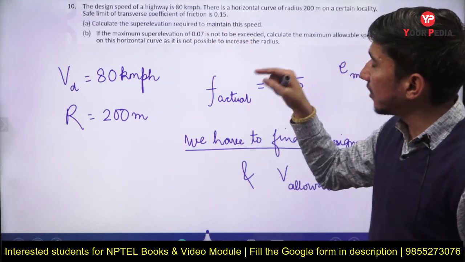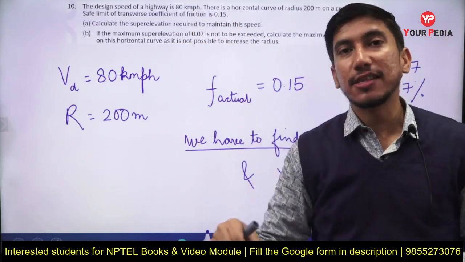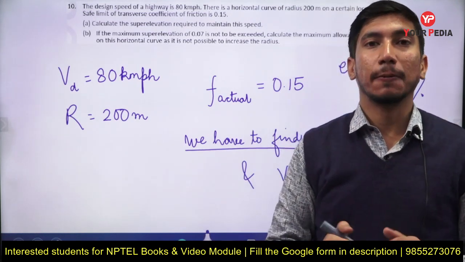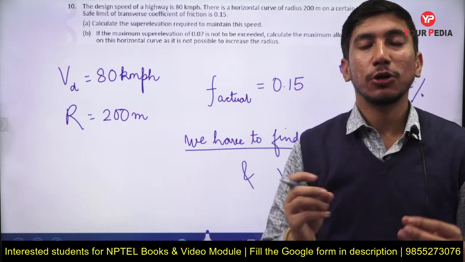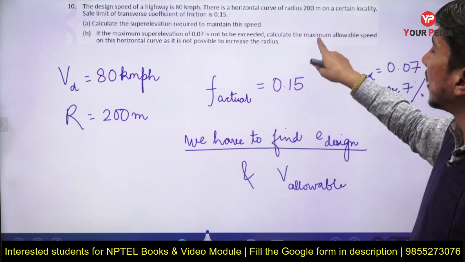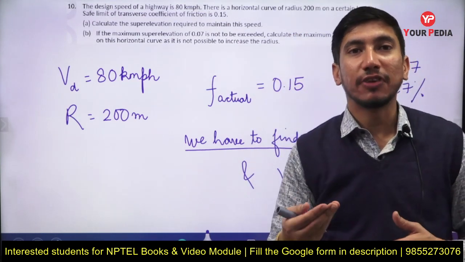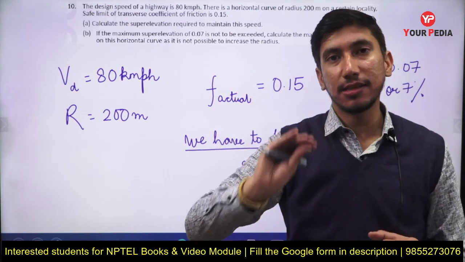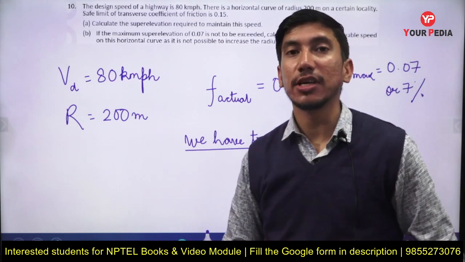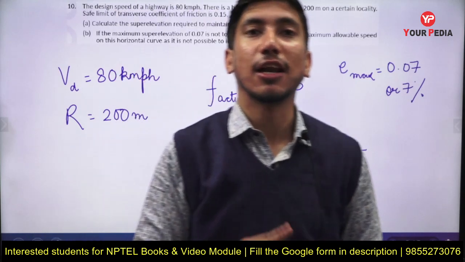And if we can't exceed the maximum value, this speed is now not safe on this horizontal curve, because the super elevation is not enough to prevent lateral skidding. So in that case, we need to find the maximum allowable speed on this horizontal curve. What is the maximum speed that can still be allowed by providing 7% super elevation? So these are the two things we have to find: the design super elevation and the allowable speed.